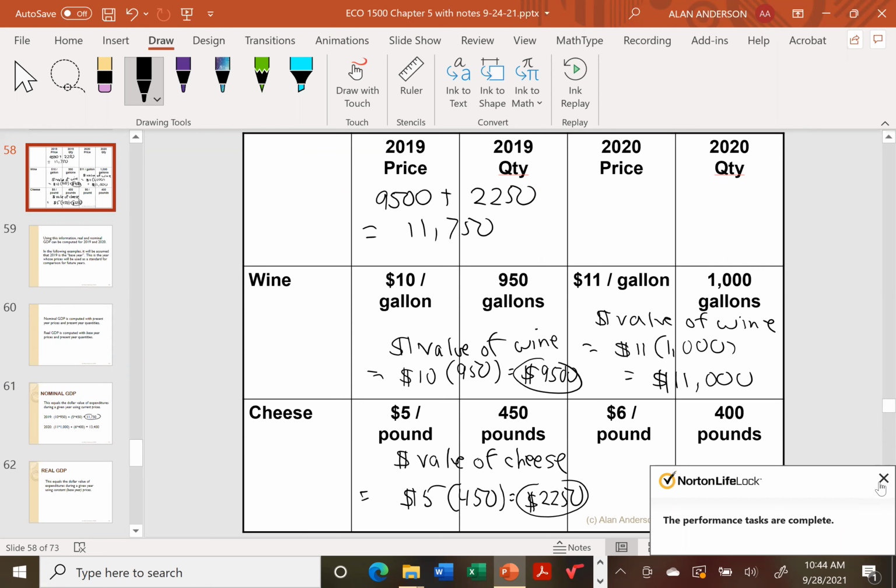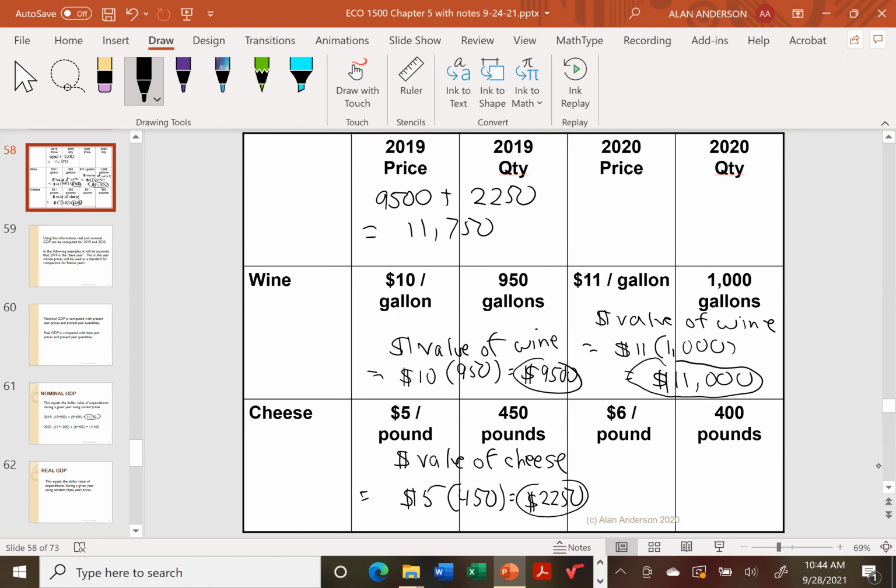Now that sounds like a good thing. You notice how the value of the wine went up, but some of that at least is caused by higher prices. So it's hard to say just yet whether that represents an increase in GDP or not, because you notice we get more wine, but it's also more expensive. And then look at the cheese. We actually made less cheese.